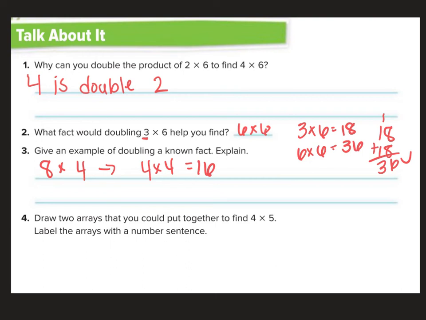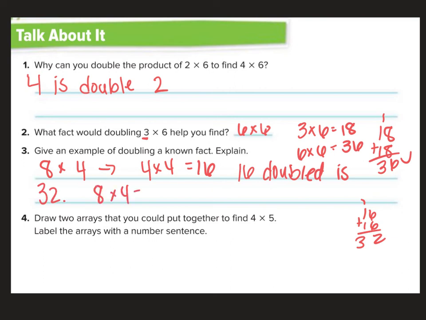And if I double 16, that is 16 plus 16, which is 32. That means 8 times 4 is 32, because I took my first factor and doubled it to get 8.